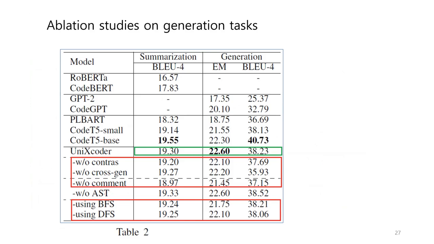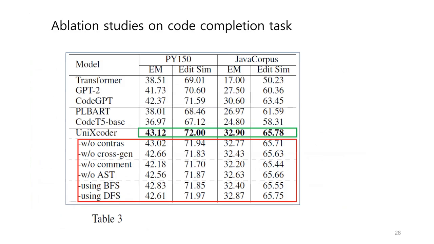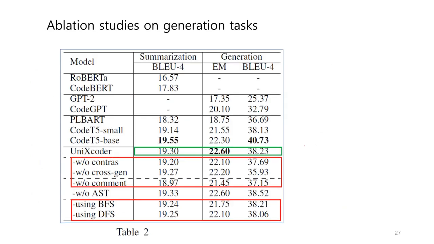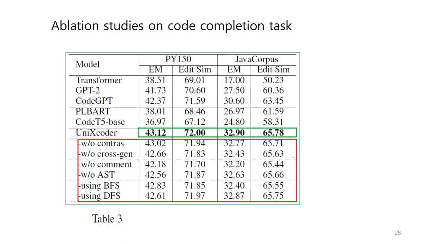In the case of AST, better result is achieved when we use the model without AST. That's why we have low results in the UniXcoder here. You see this result and this result, they do have different outcomes.